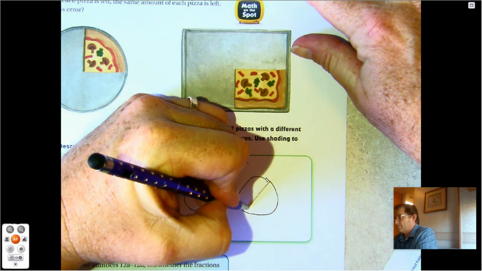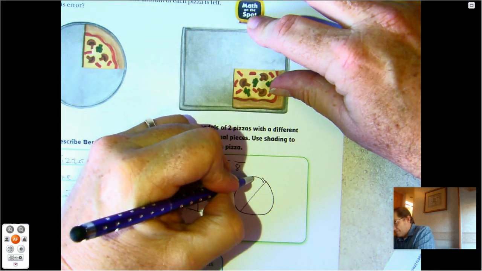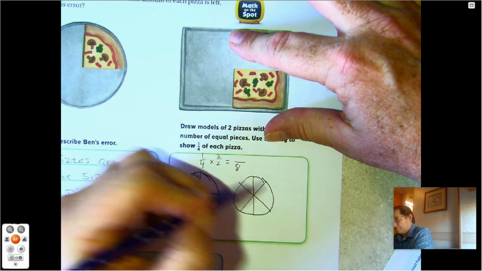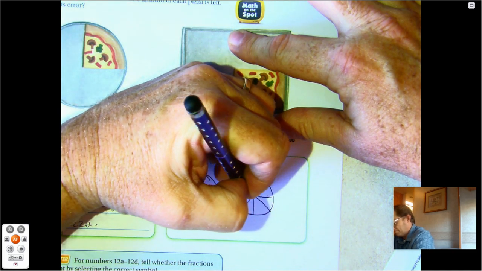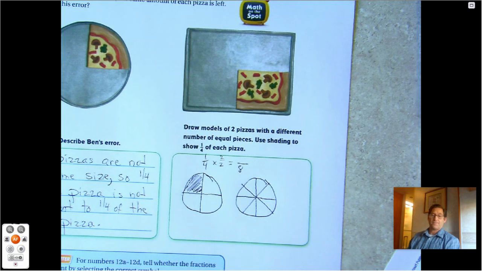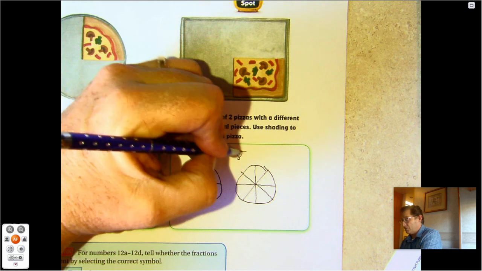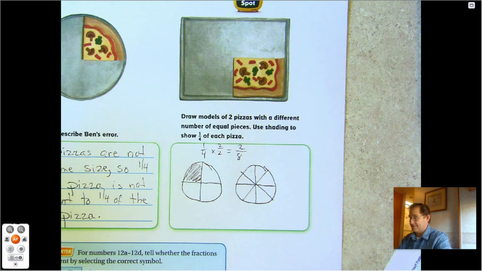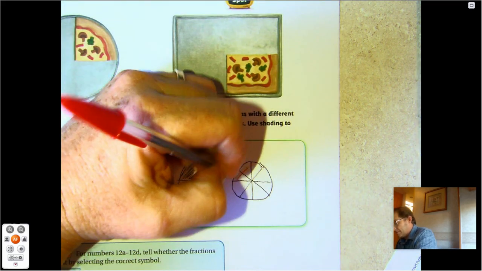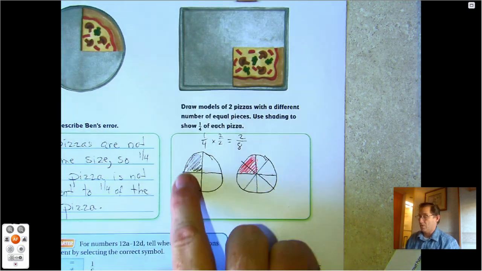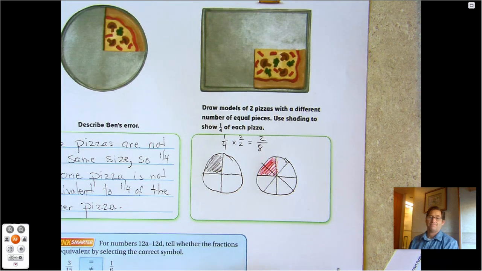So let's go with our 8 parts. Okay, and how many parts would be shaded? 1 times 2 is 2. So it's going to take 2/8 to equal 1/4. Okay, so that's what it should have looked like.